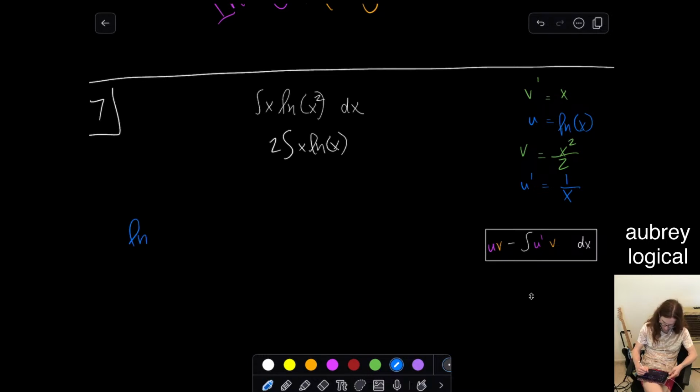So we have u times v, which is going to be x squared over 2 minus the integral of u prime times v.